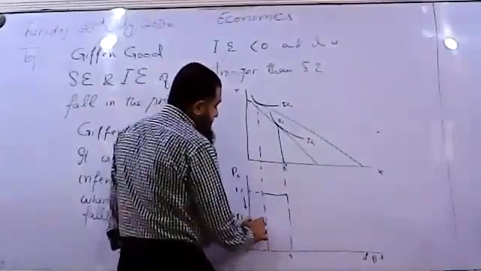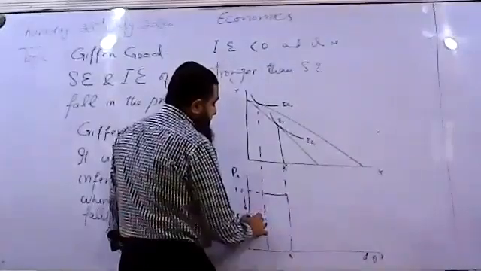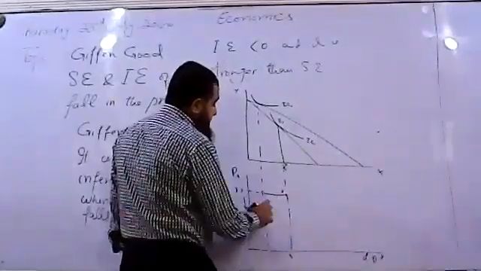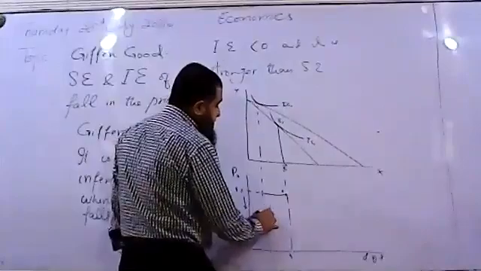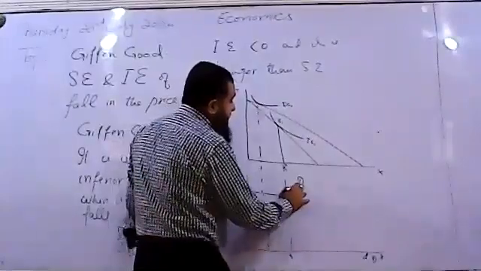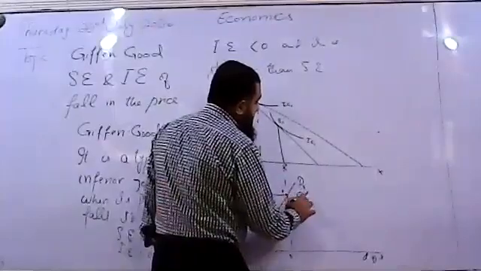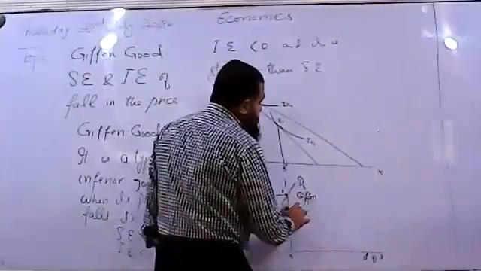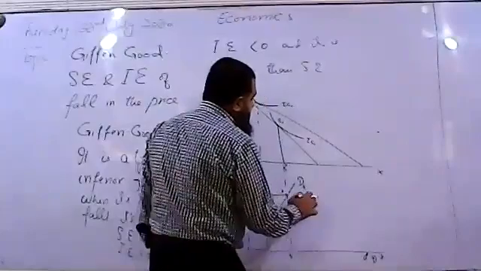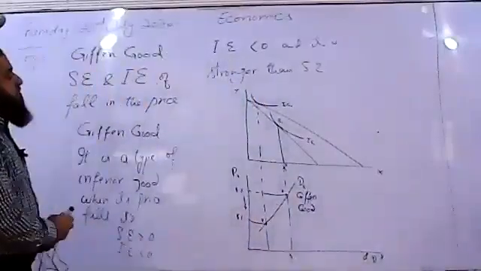This is the new point. This is point A, you can say this is point B. If we join these 2 points, what do we get? A demand curve of X, which is a Giffen Good. You can see the Giffen Good is having a positively sloped demand curve.